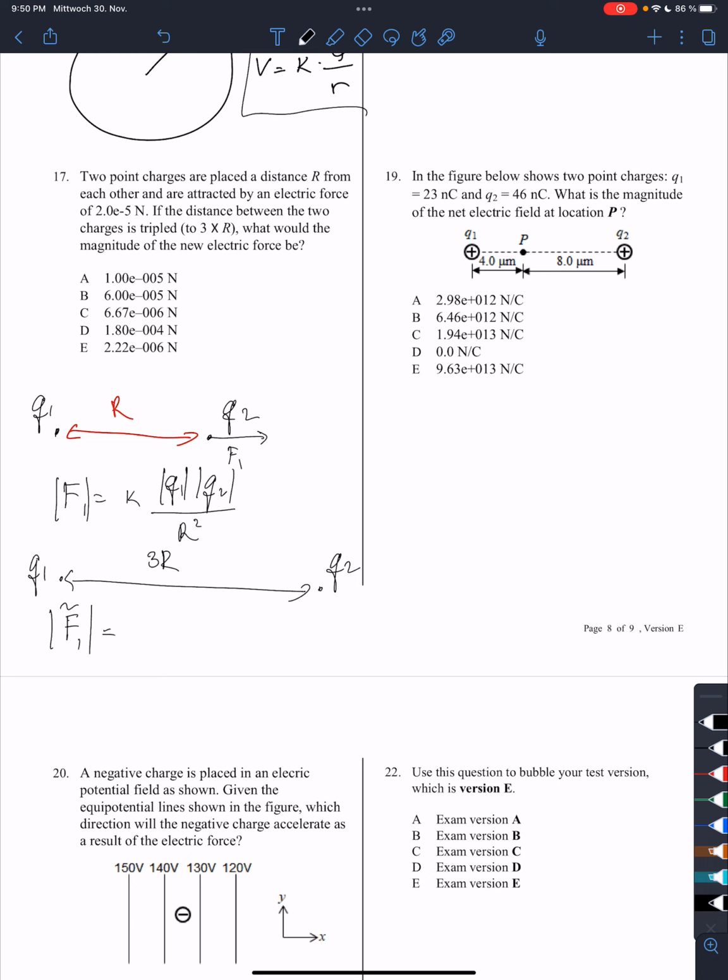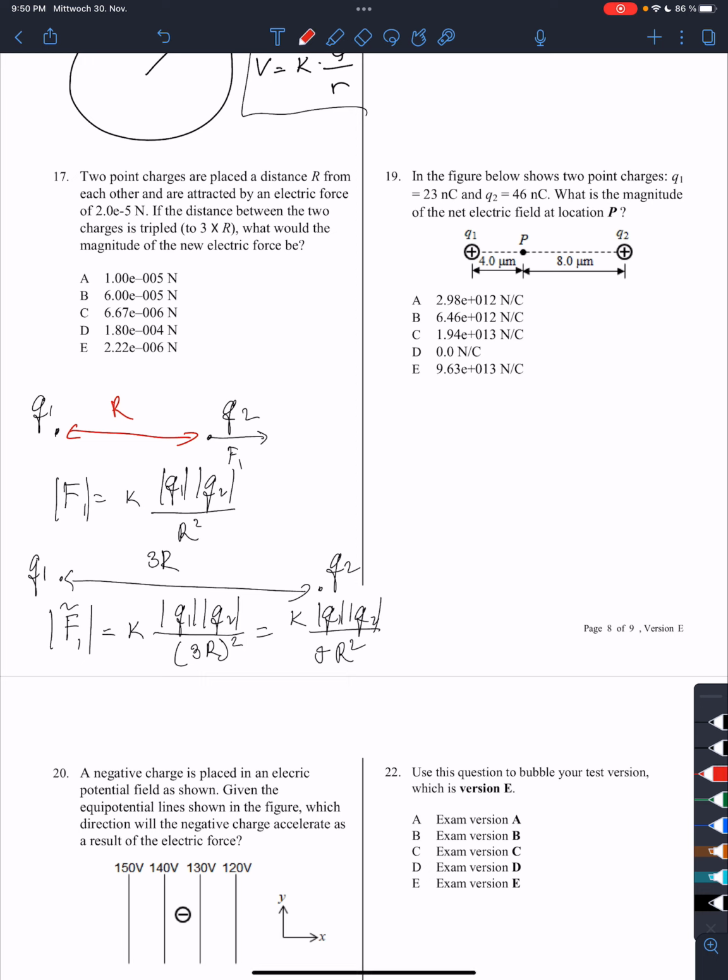So what equation do I use? I use the same equation, K q1 q2, the same charges, divided by the distance between them, which is 3r squared. I can simplify it a little bit by opening up the brackets. I will get k times q1 times q2 divided by 9r squared.